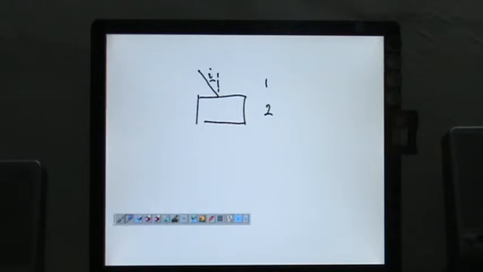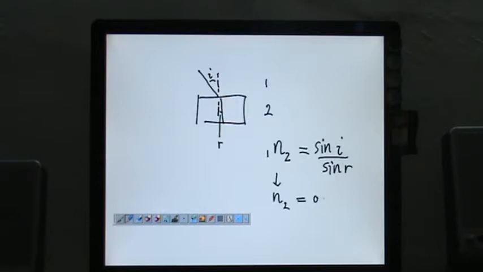So we have I here, and then here we have R. So 1 and 2 is sine I over sine R, and 1 and 2 is actually N2. This is the optical density of material 2.